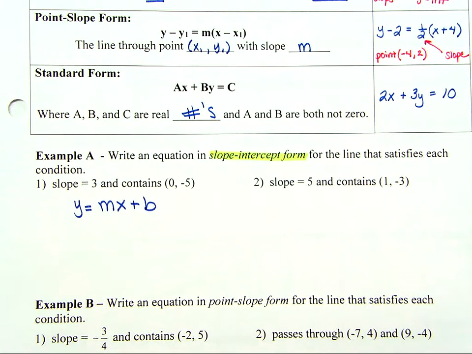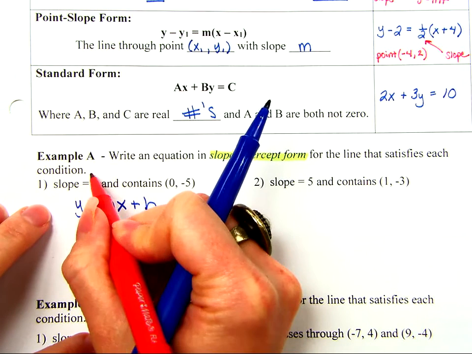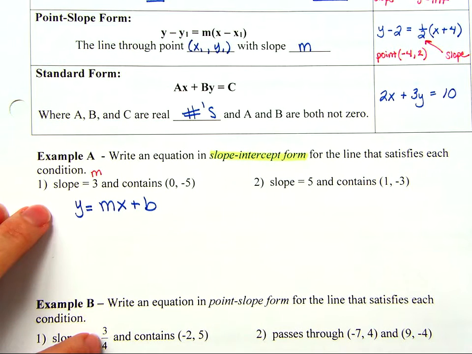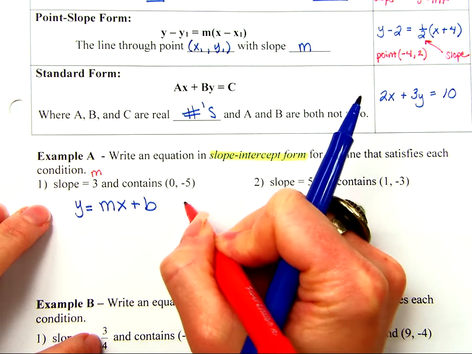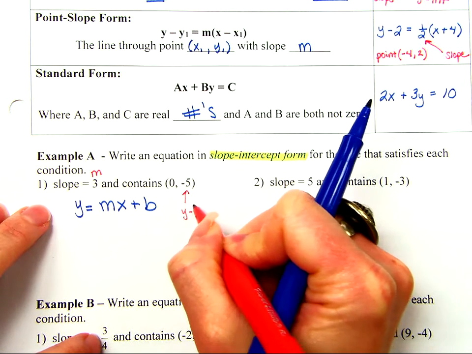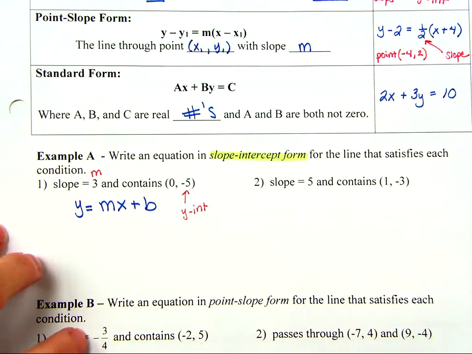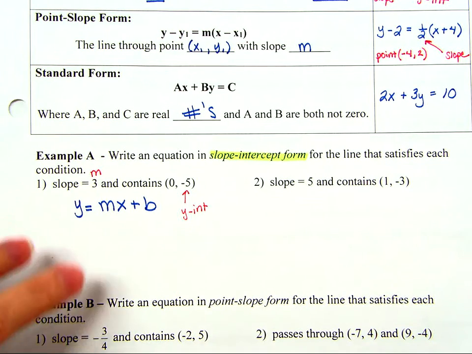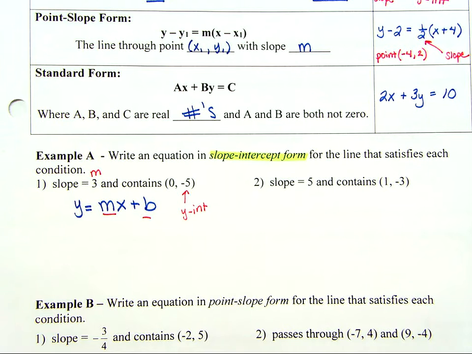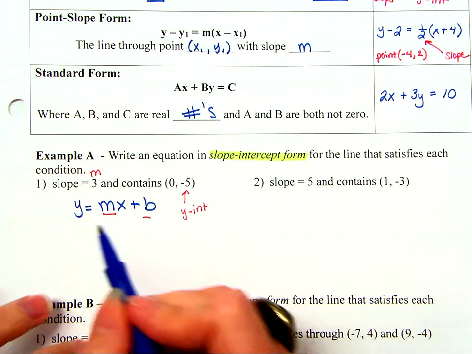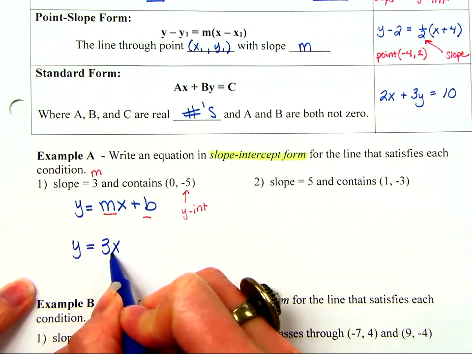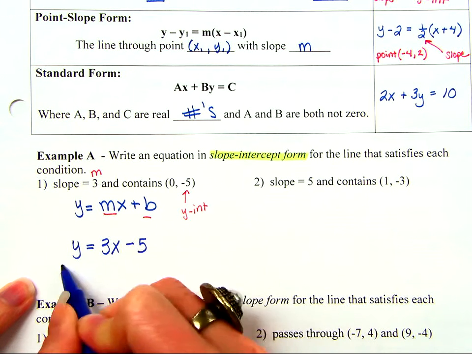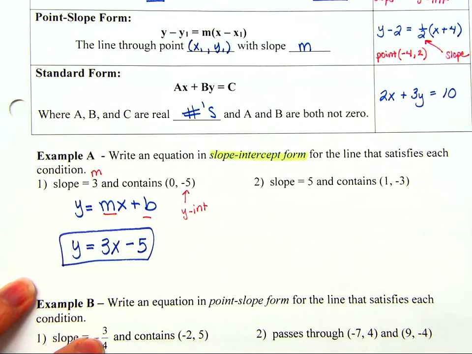Well, I can see I'm going to substitute in my slope is 3, and it contains my point 0, negative 5. But after closer evaluation, I know 0, negative 5, that's actually my y-intercept. So all I really have to do is plug in for those numbers. So in slope-intercept form, we would have the equation y equal to 3x minus 5. And that would be my final answer.